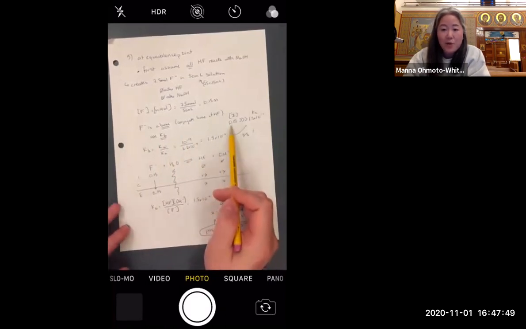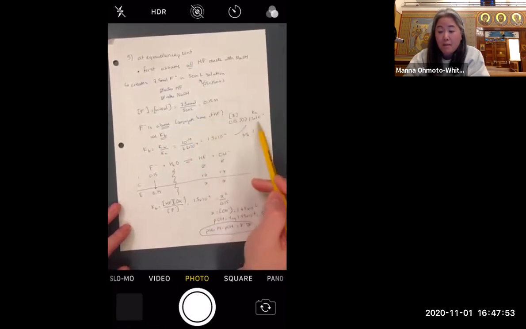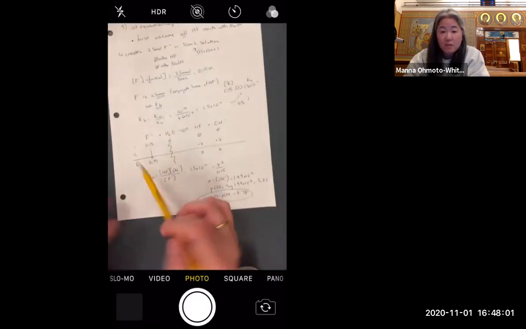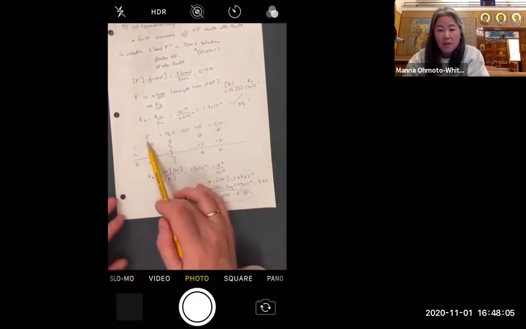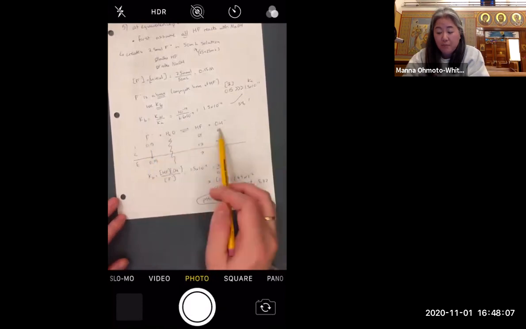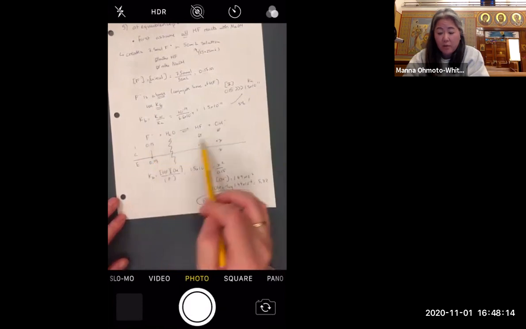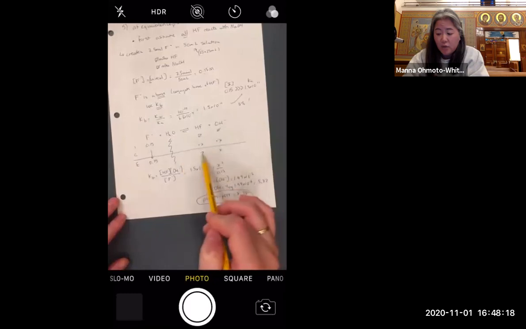Now I have absolutely no problem using the 5% rule, because 0.15 is many, many times greater than 1.5 times 10 to the negative 11th. So I do an ICE table. I have nothing else except that I'm dumping an anion into water. So this is my reaction. I'm assuming the 5% rule, so 0.15 will carry through. I had no HF or hydroxide ions, and now I'm going to create that.